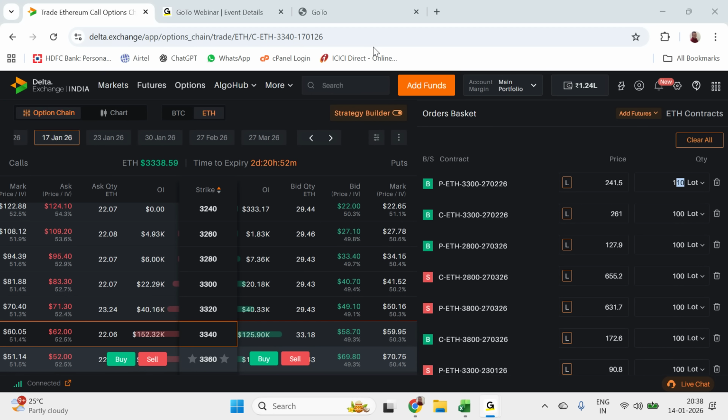Keep it in writing. Straddle, strangle, iron condor, all these basic strategies, so far nobody has made money, and nobody will make money in future also, because these combinations are only for straight line expectations, not for an expectation of curvy nature. It never worked, and it will never work in future also.